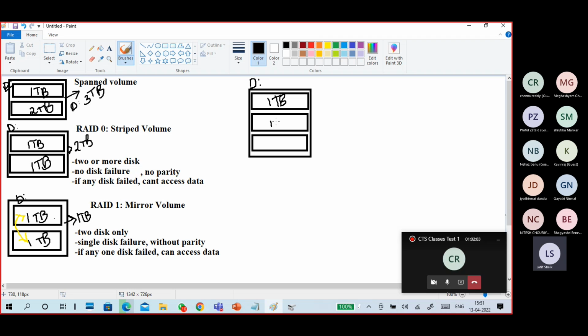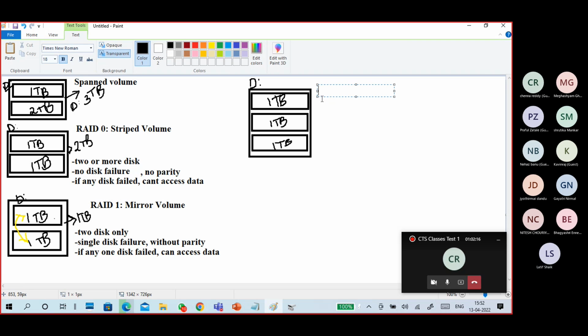Now next one we will go to RAID 5. Here, for example, I take 1 terabyte, 1 terabyte, 1 terabyte. 3 disks I have taken. Okay. So this is a RAID 5 volume. The RAID 5 type does not have any special name. So it's a RAID 5 level.